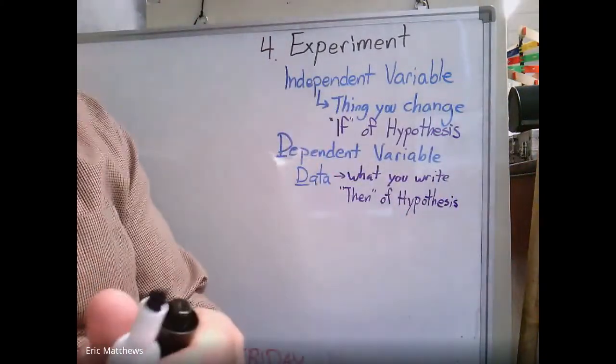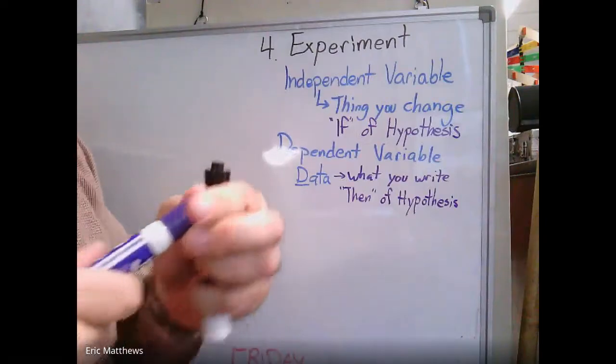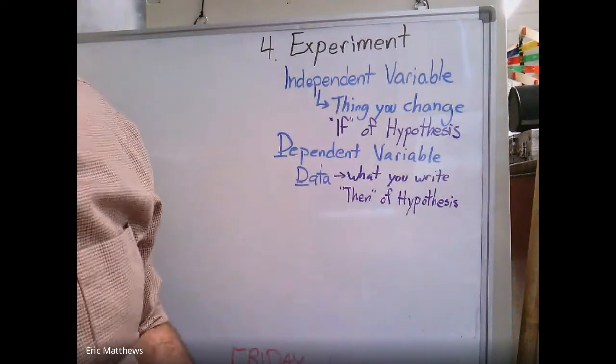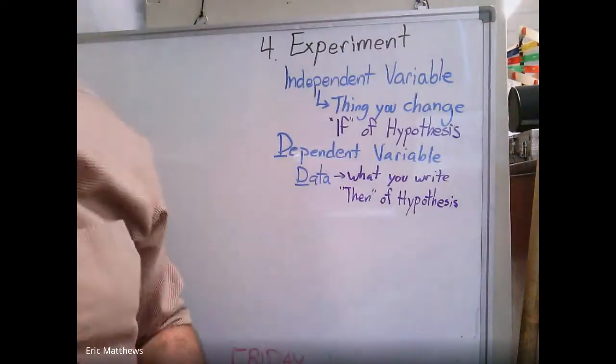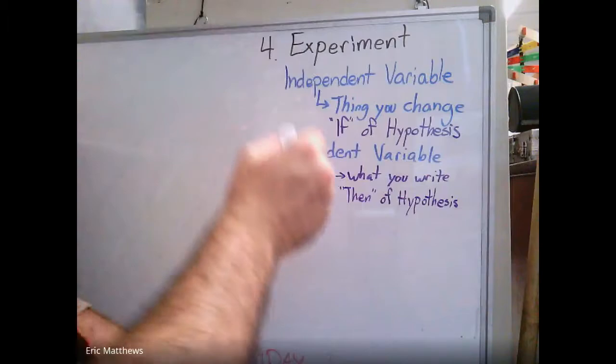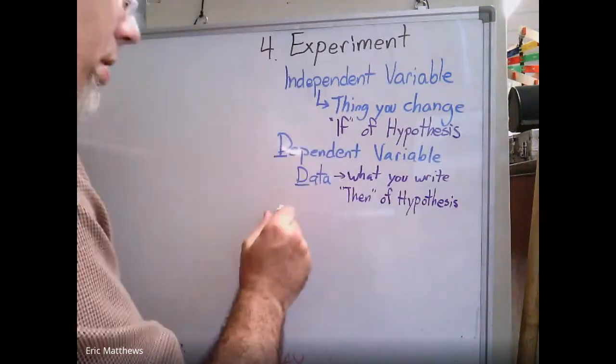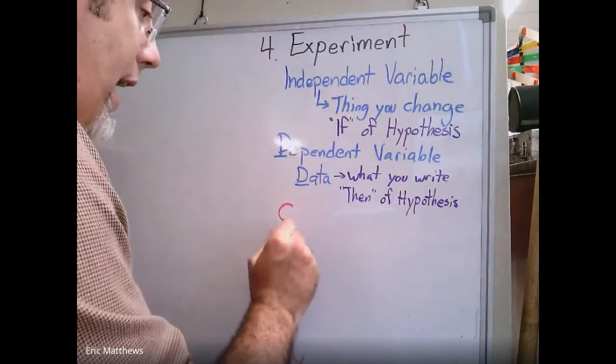Now, in order to have a good experiment, not only do we need to maintain these two, but then we've got a couple other things that we saw in the airplane lab that I asked everybody to make note of. You had to define your constants.